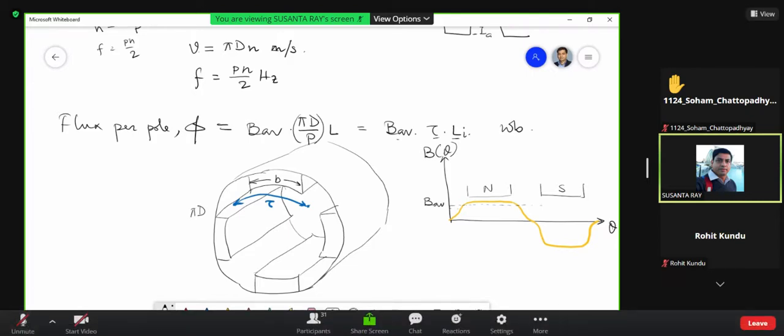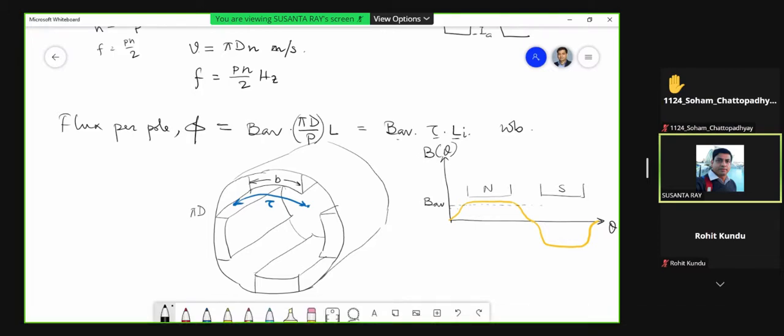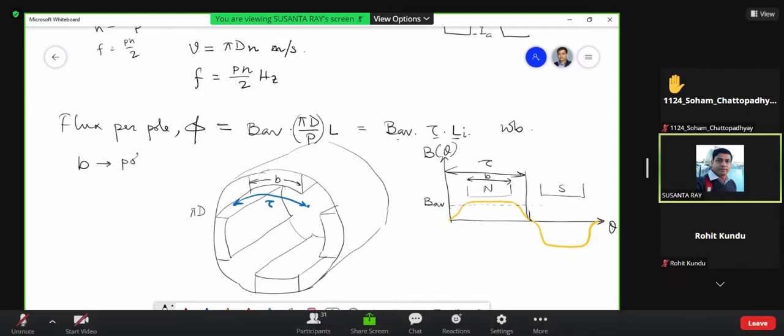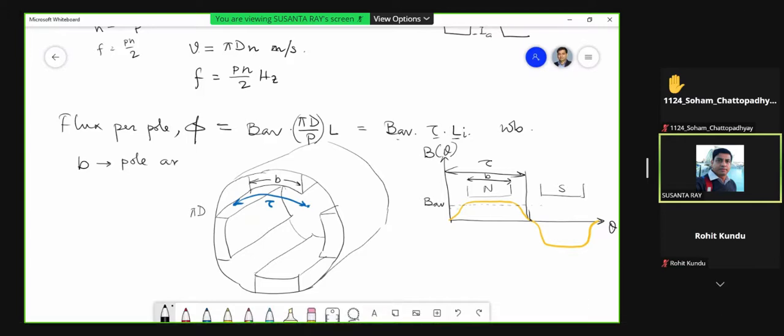So B average is the average distribution under the poles, and this length is basically your tau, and this length is the length of the pole, or you can say the pole arc B. Tau is the pole pitch.